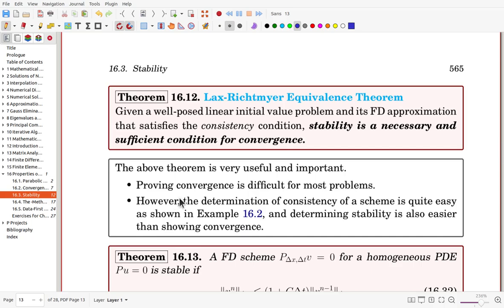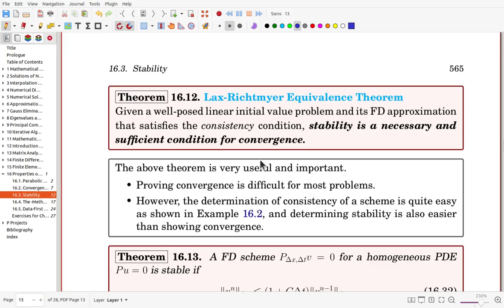Proving convergence is difficult for most problems. However, checking consistency of a scheme is quite easy. And determining stability is also easier than showing convergence.